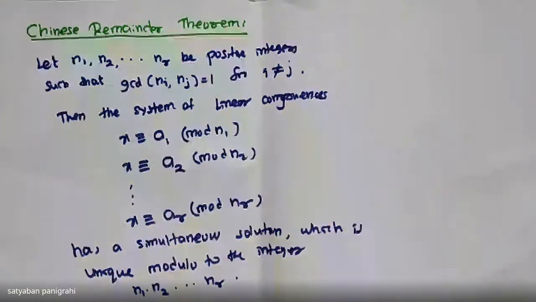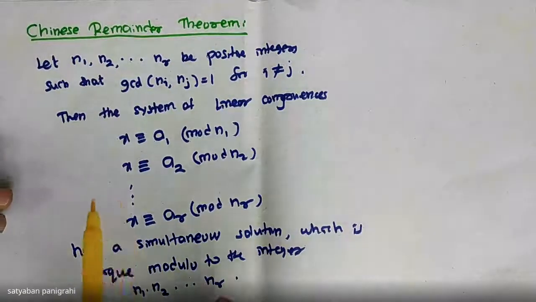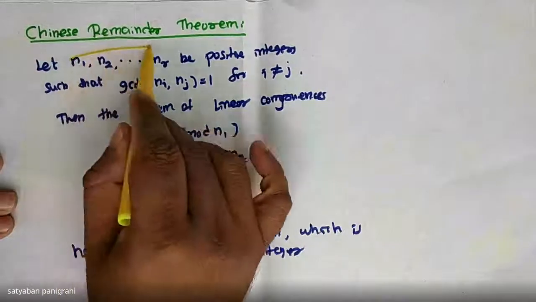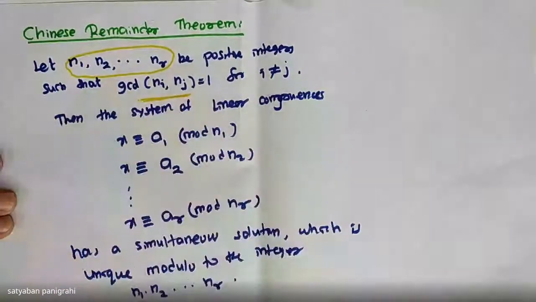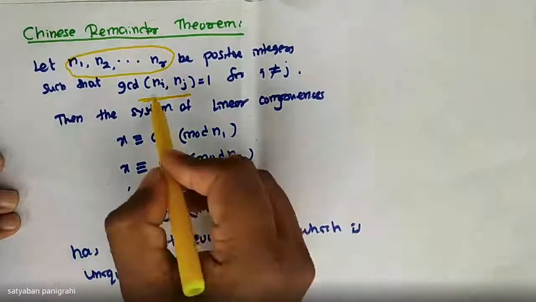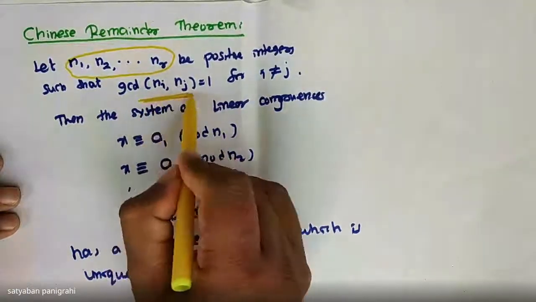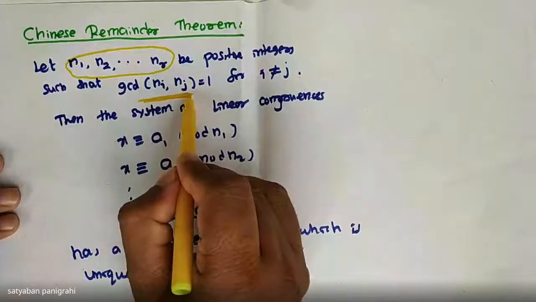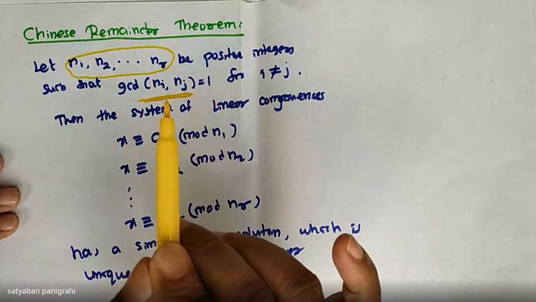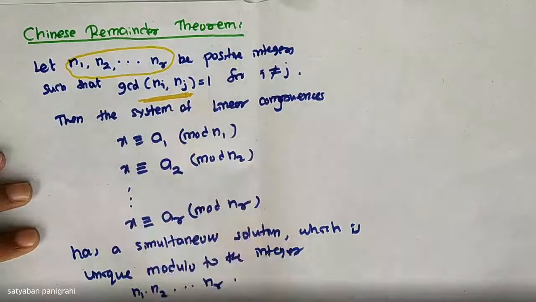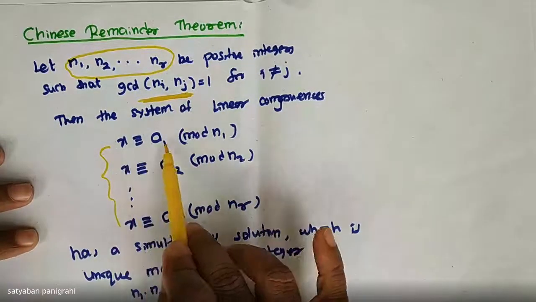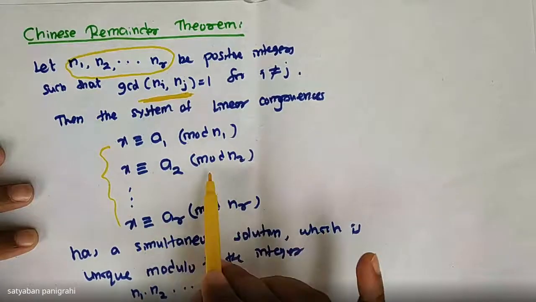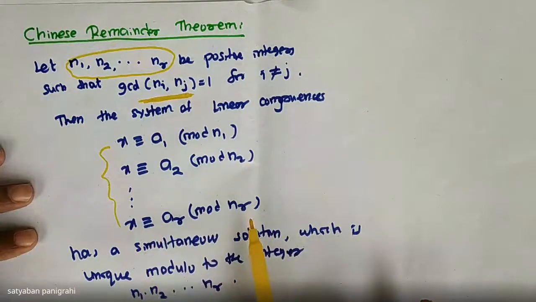Now look into the statement, what it says. We have N1, N2 up to NR. These are pairwise relatively prime, means every two integers have GCD 1. Now we want to solve the system of linear congruences x ≡ A1 mod N1, x ≡ A2 mod N2, up to x ≡ AR mod NR.